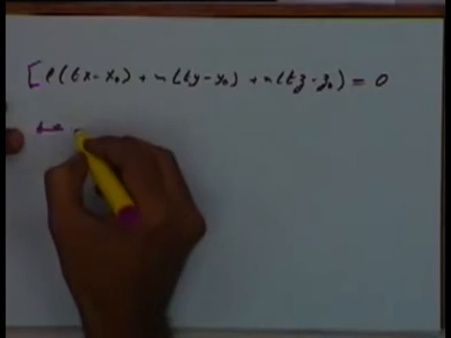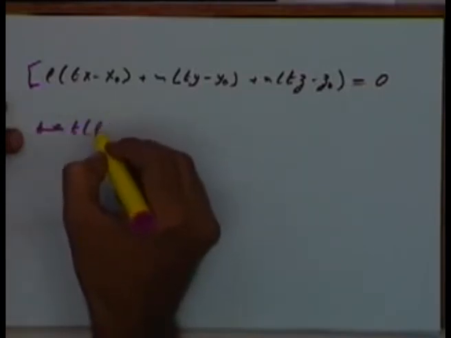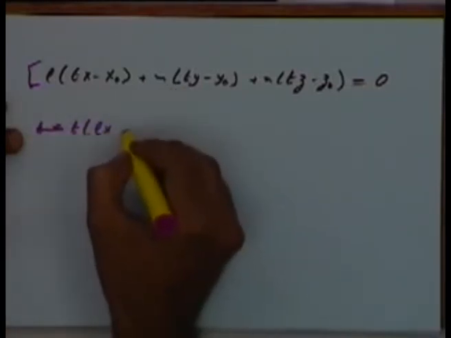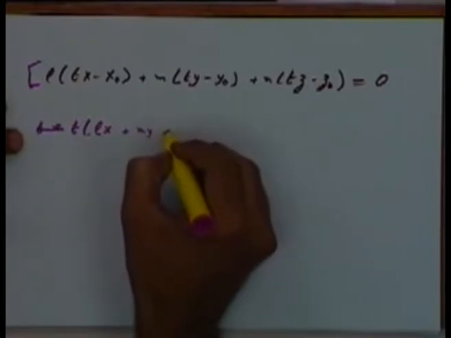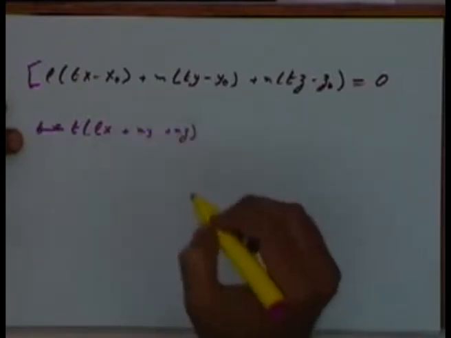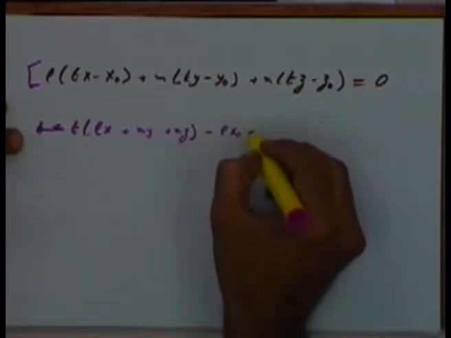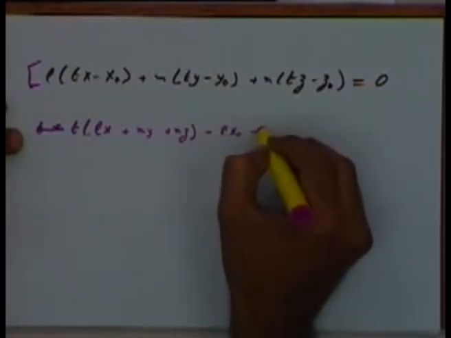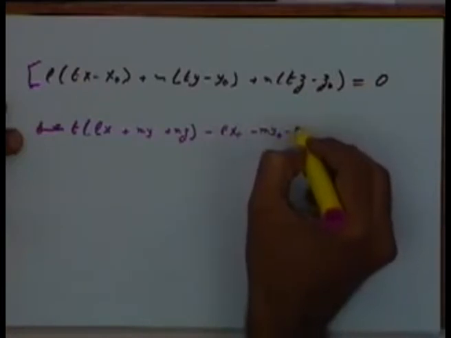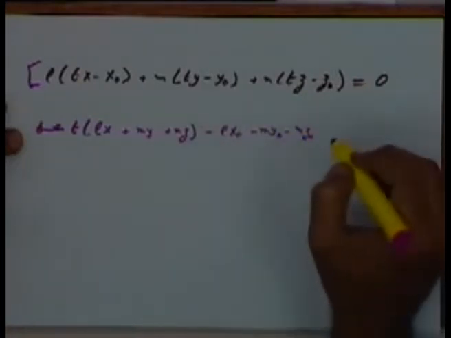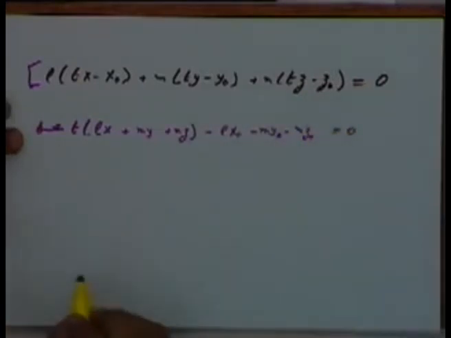Or let's do it step by step: t into Lx plus my plus nz minus Lx naught minus my naught minus nz naught is equal to 0.